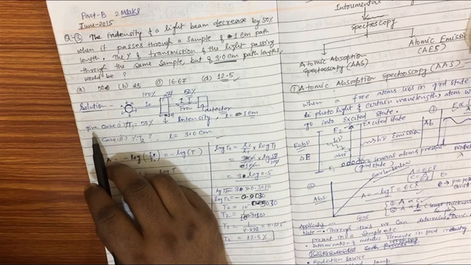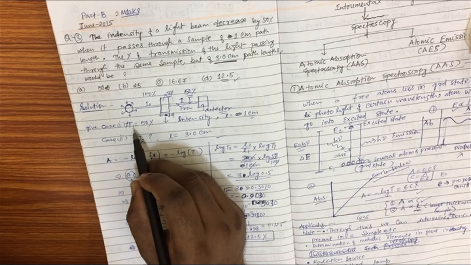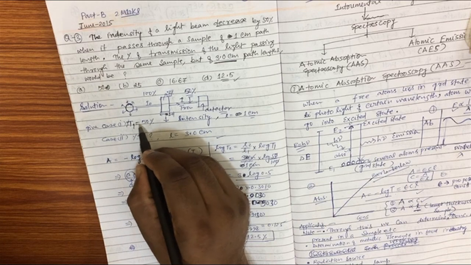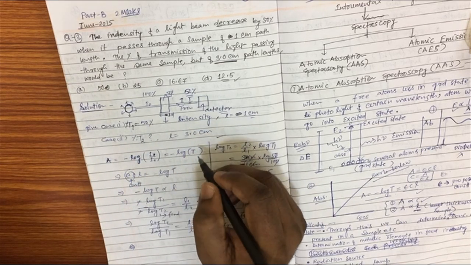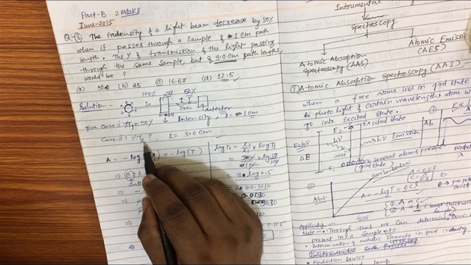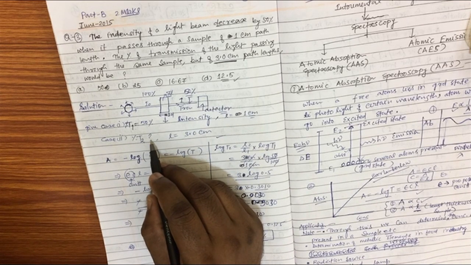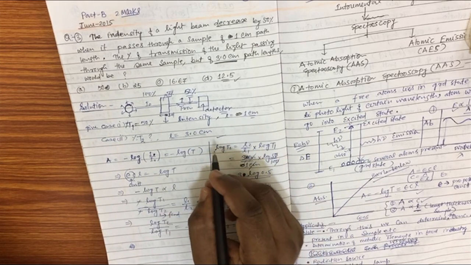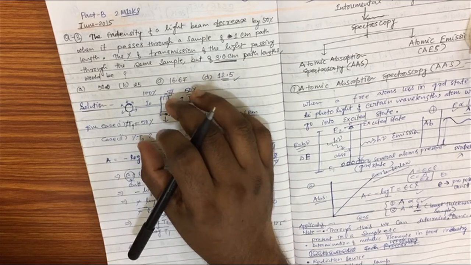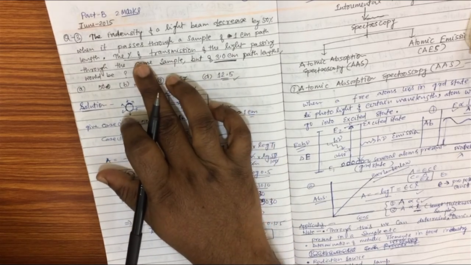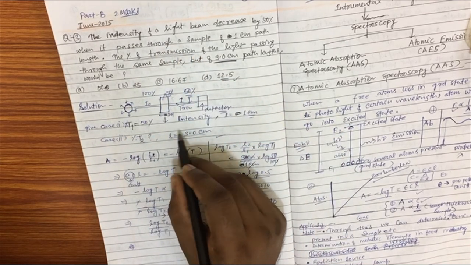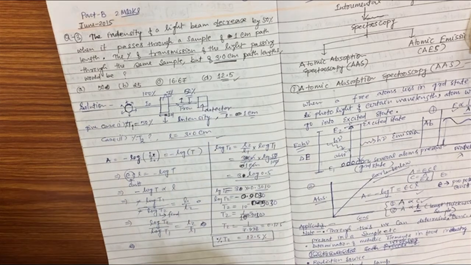If you consider case 1, transmittance is given 50%, and in case 2, you have to determine the transmittance, and the given length L is 3 centimeters. So finally you have to calculate the transmittance for case 2 when you use path length 3.